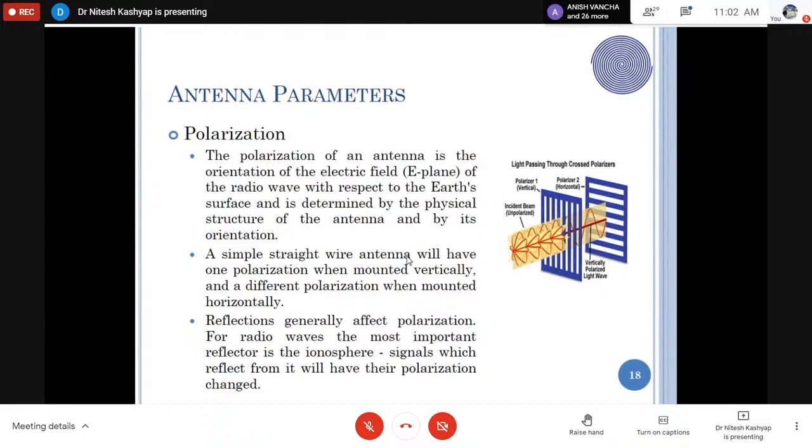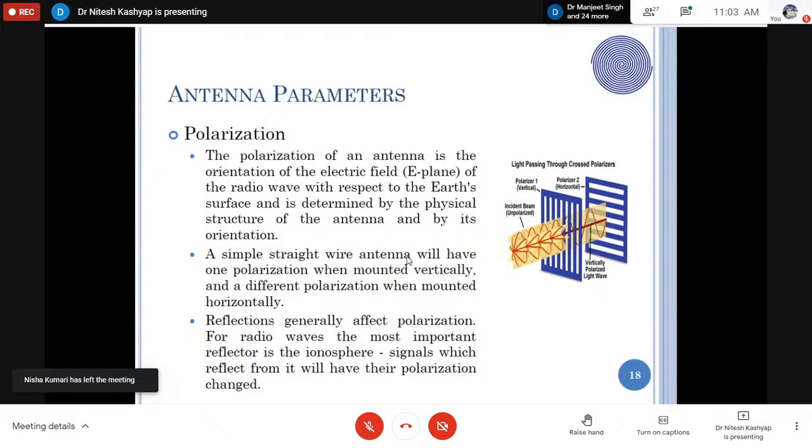Reflections generally affect the polarization of a radio wave. The most important reflector is the ionosphere. Signals which reflect from it will have their polarization changed, and definitely after the reflection the polarization will change, so we arrange our receiver antenna according to that.